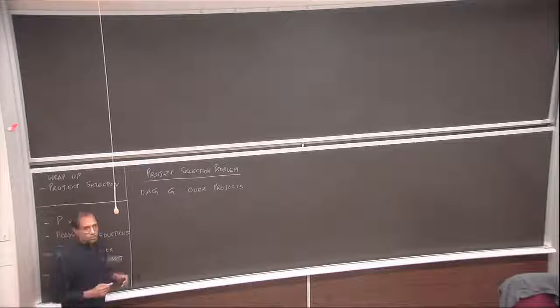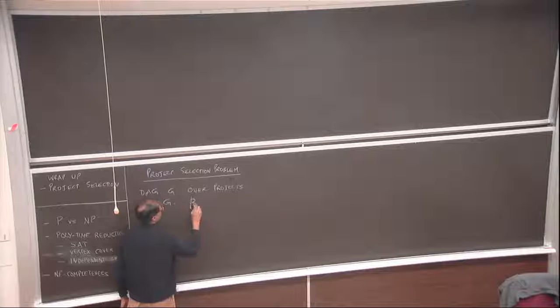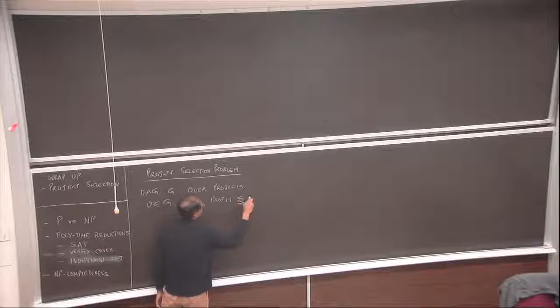For every V belonging to the DAG, you have a profit PV given to you, and this could be positive or negative.